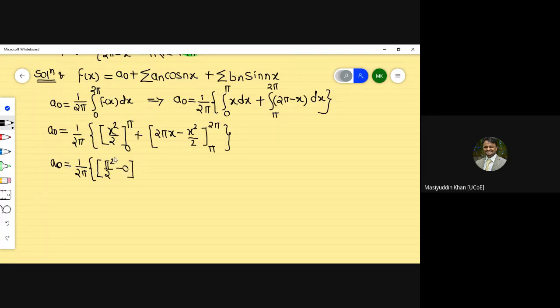So upper limit minus lower limit in the first integration, plus we have to perform upper limit minus lower limit again here. While substituting 2 pi in place of x, you will get 4 pi square, and substituting here you will get 4 pi square, but this 2 will get cancelled, 2 ones are 2, 2 twos are 4. So this becomes 2 pi square. So 4 pi square minus 2 pi square, you will get only 2 pi square.